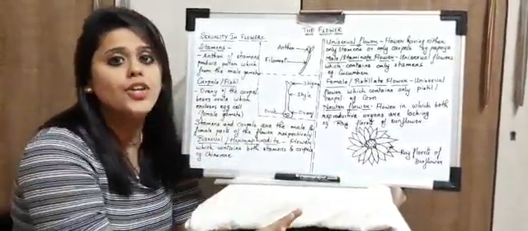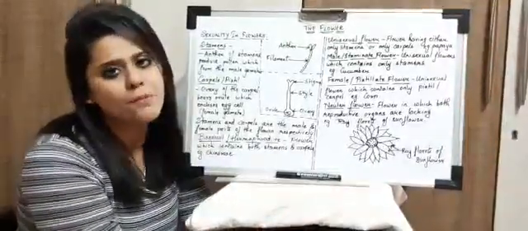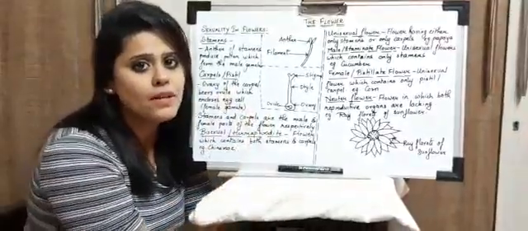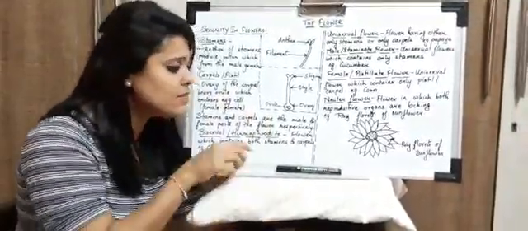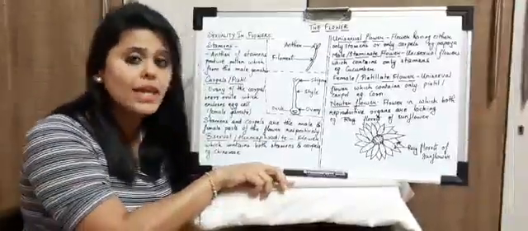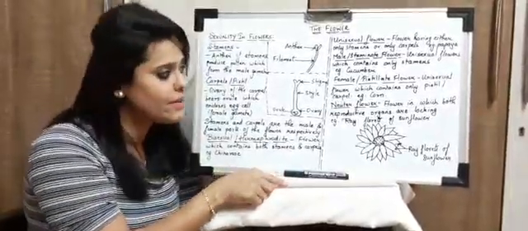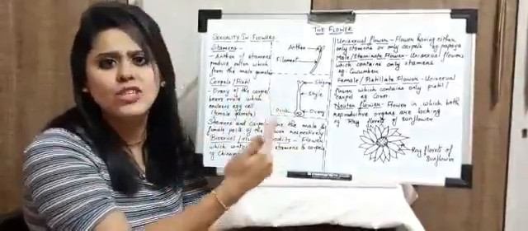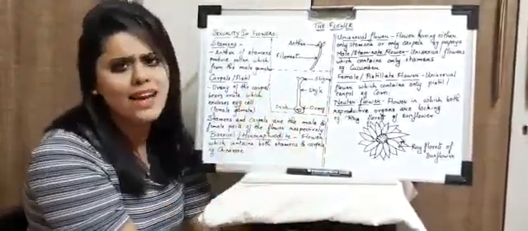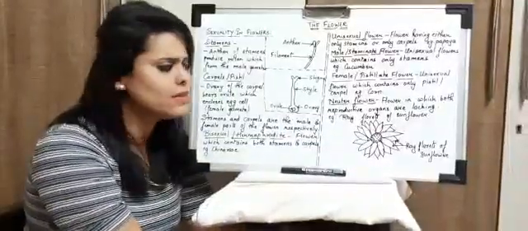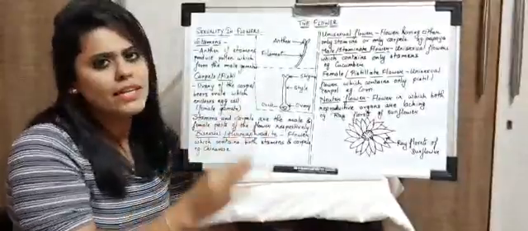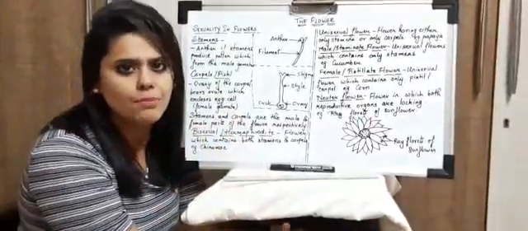That means no stamens, no carpels. There is no stamen, there is no carpel that is present. That means, how do these plants undergo reproduction? Will they even undergo reproduction? Yes, definitely. But there are asexual modes of reproduction in them. We shall not discuss those reproduction processes. That's not the part of the chapter. But definitely they will undergo the process of reproduction.